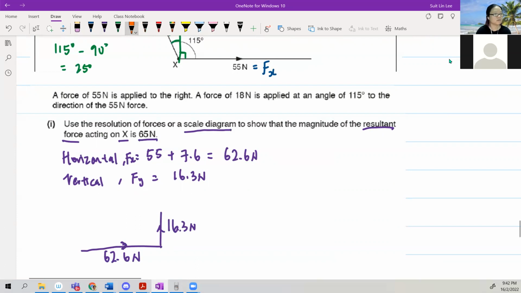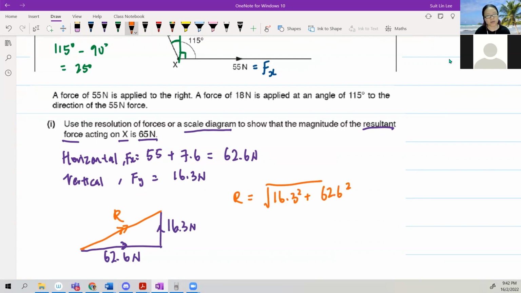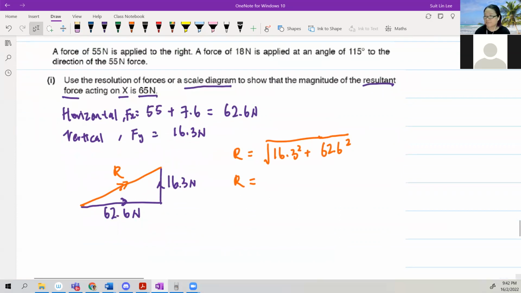So the resultant here, let's say this is R. R will now be equal to the square root of 16.3 squared plus 62.6 squared, again using Pythagoras.